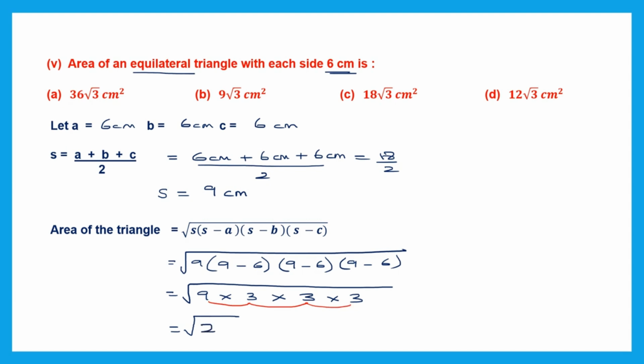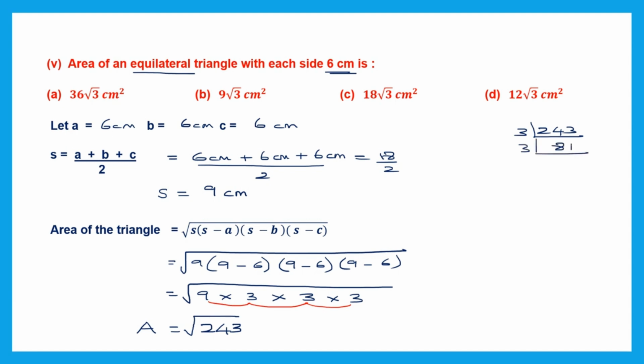So area of this triangle is the square root of 243. Now our answer is given this way, so we have to get our answer in that form. So let's simplify this. Let's find all the factors of 243. So 243, let's find all the factors dividing by 3. 3 8s are 24, 3 1s are 3.